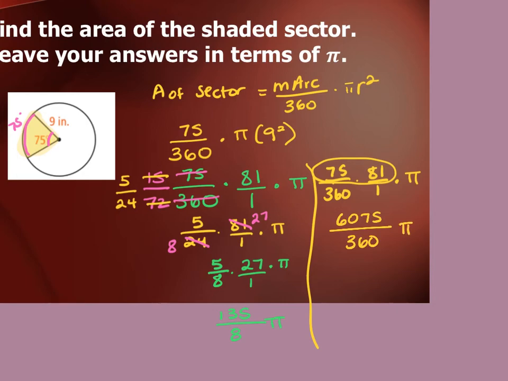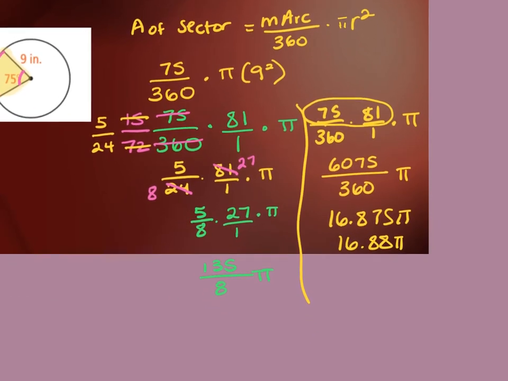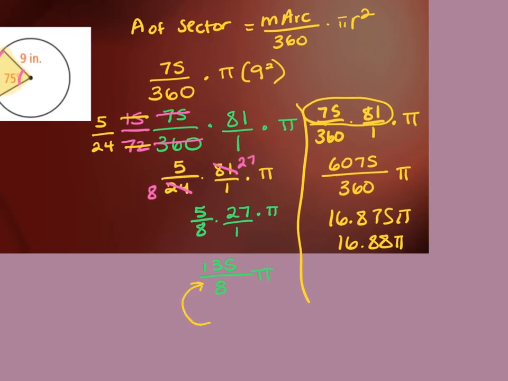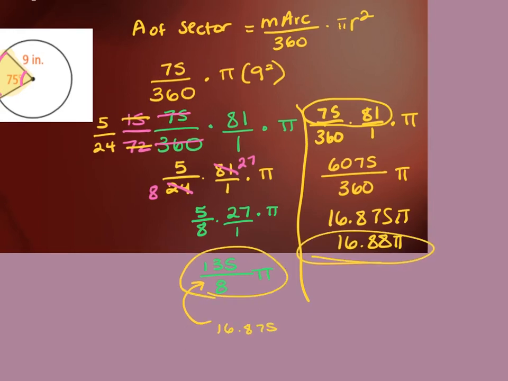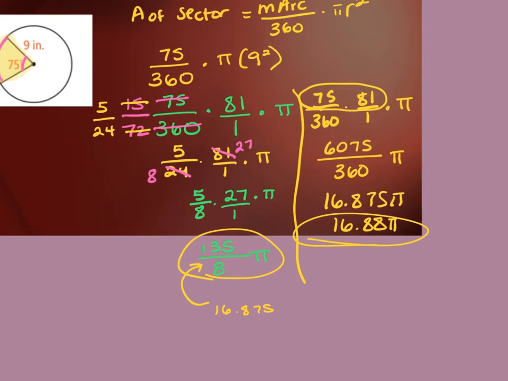Push pi to the end, and then divide 6,075 by 360, and I get 16.875 pi, or 16.88 pi, which would be the same thing I would get if I did 135 divided by 8. This would also be 16.875. So either one of these answers is acceptable. Do whatever makes the most sense for you. So if you're not so great at that cross simplification, then stick to your calculator and let your calculator do the work for you.